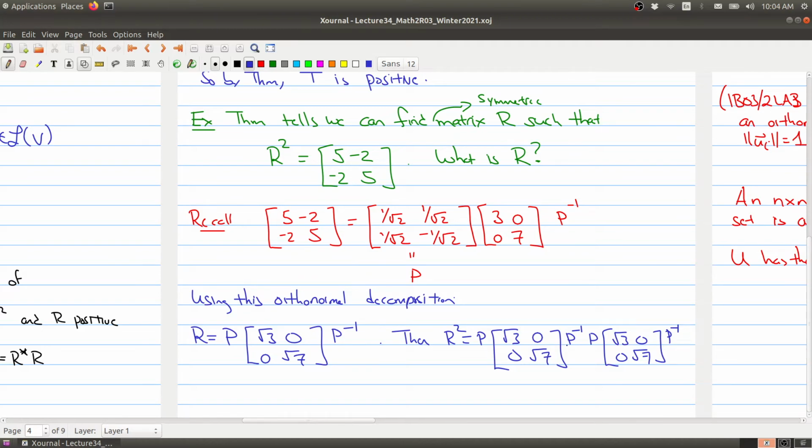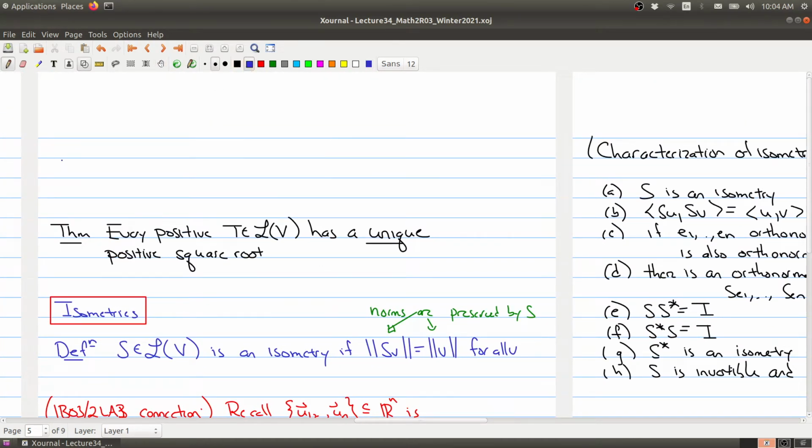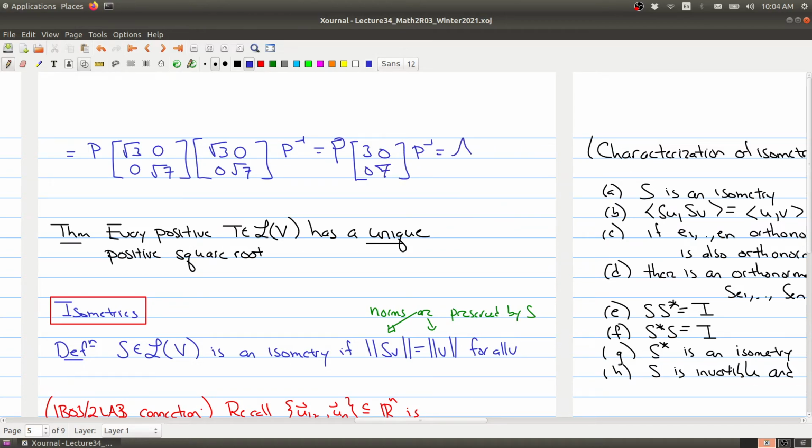These guys kill each other: P inverse times P, they cancel each other out. So we would have that this is equal to P times root 3, 0, 0, root 7 times root 3, 0, 0, root 7, and diagonal matrices are quite easy to multiply together. So you get P times 3, 0, 0, 7, times P inverse, which is your matrix A that you started with. Okay, so this is how you would find the square root corresponding to an operator.